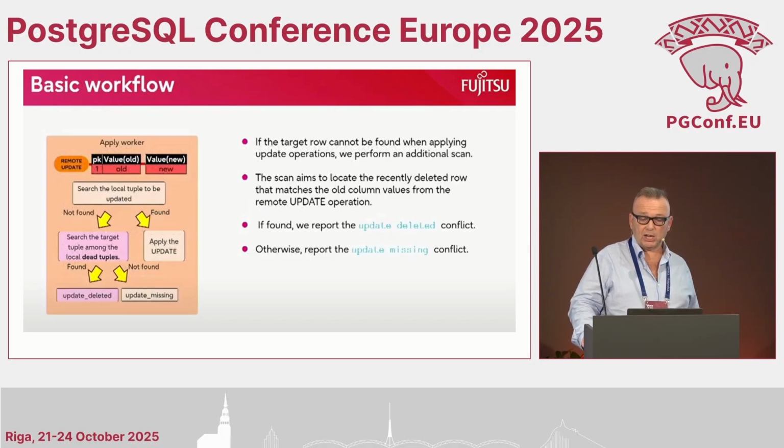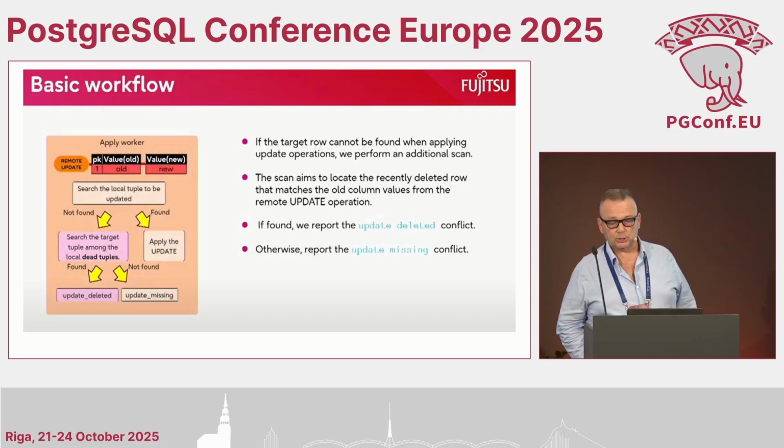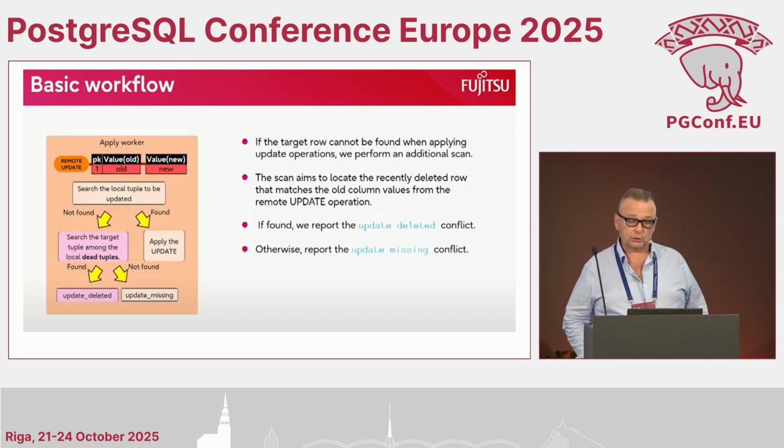But if it can't find the row, then it performs some extra work to check if the tuple was recently deleted, by searching the dead tuples for the old value from the remote update. If it finds a matching dead tuple, then it will log the conflict as update deleted. And if the old value is not found in the dead tuple, then it will log the existing conflict as update missing.